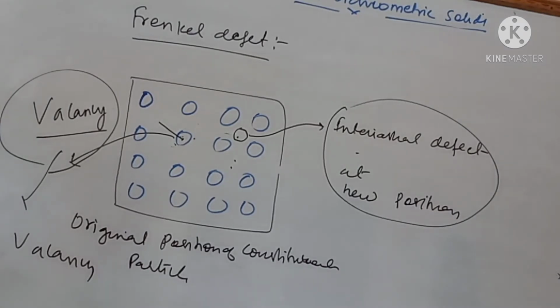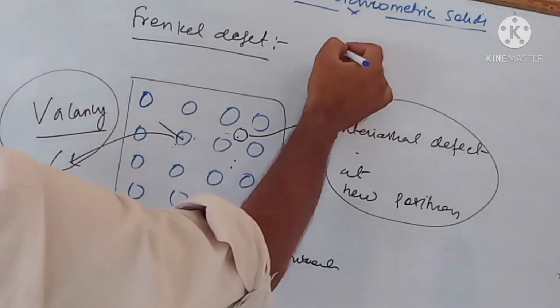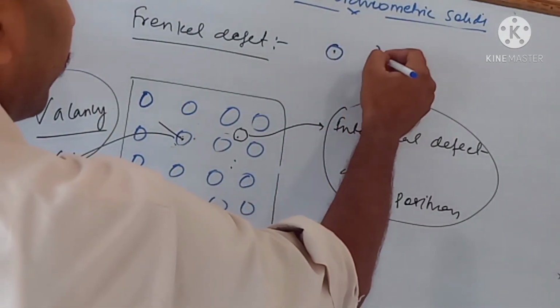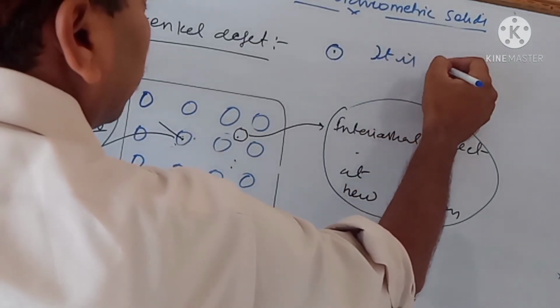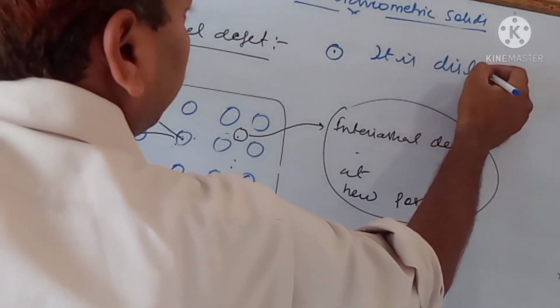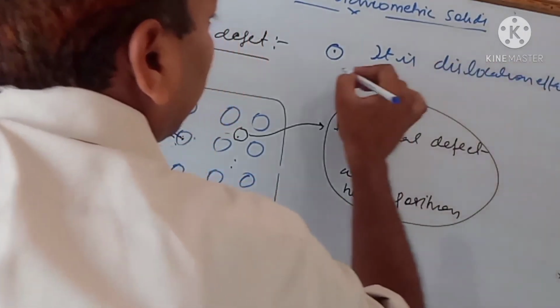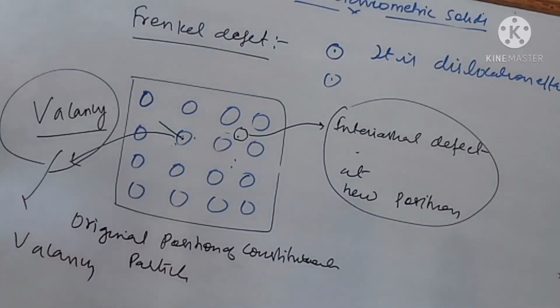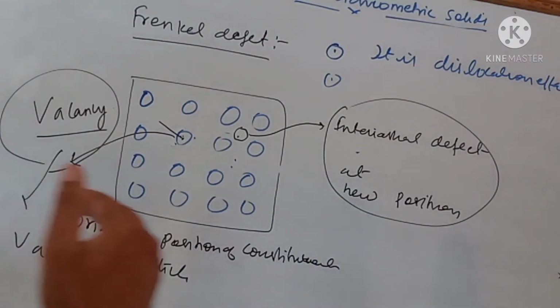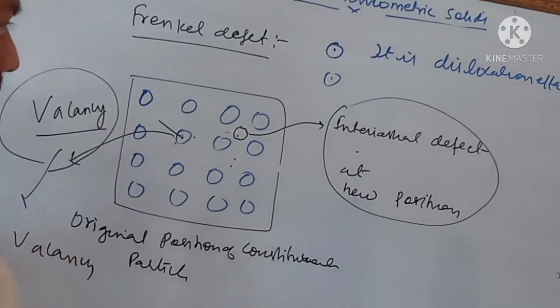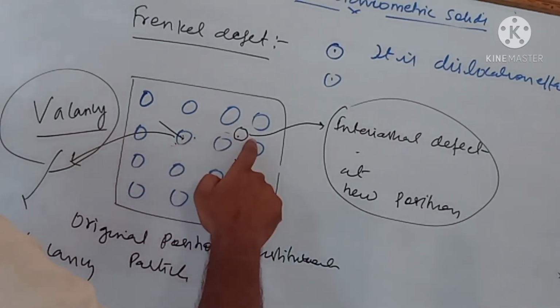All right. Sometimes we say it is a dislocation defect. The Frenkel defect is known as a dislocation defect. Now the constituent particle deviates from its normal position to an interstitial site.